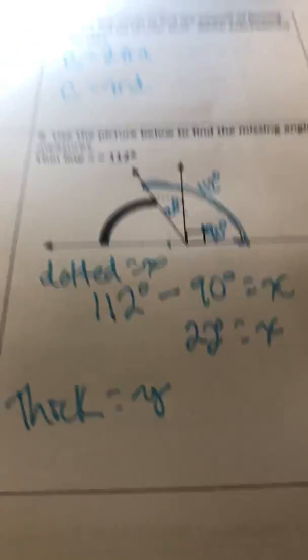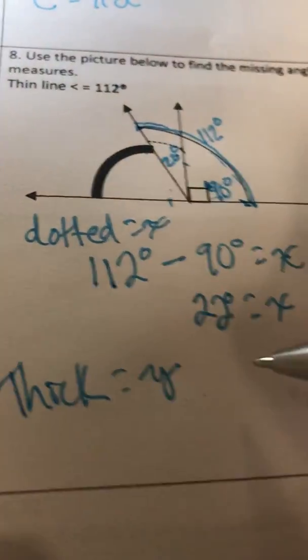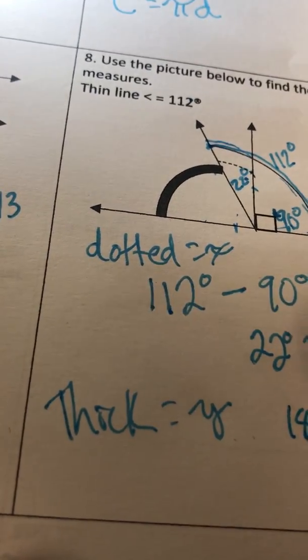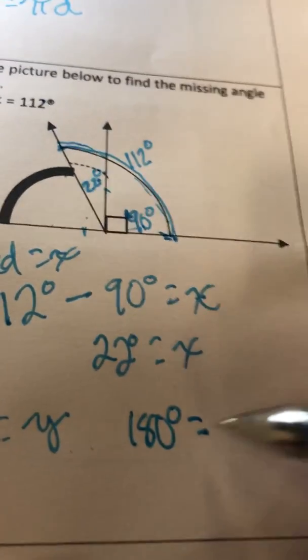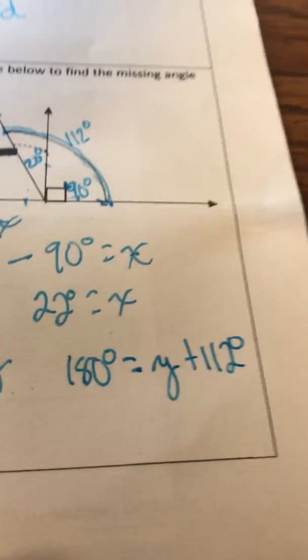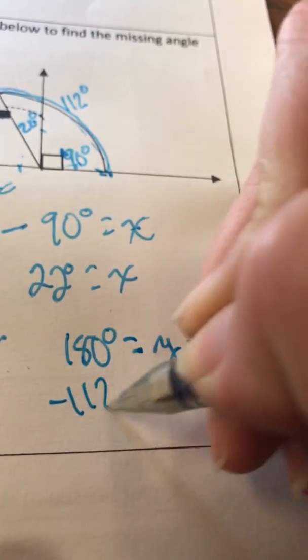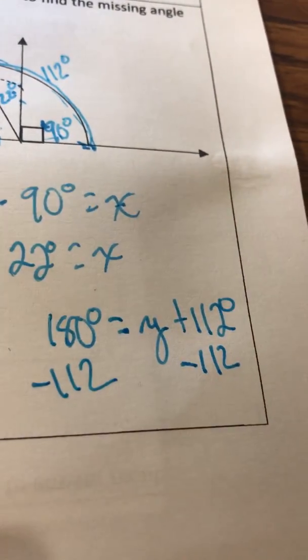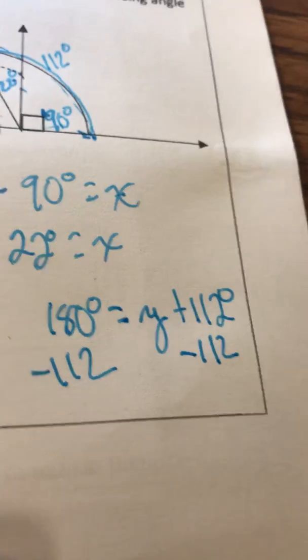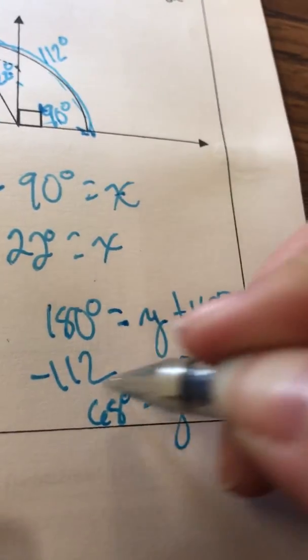Yeah. Okay. So, for this, 180 degrees is equal to y plus 112 degrees. We're going to subtract 112 from both sides. And 68 degrees equals y.